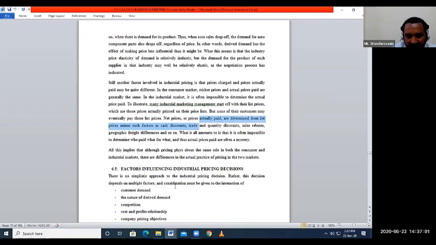So some of the factors we have to consider in setting an industrial product price is customer demand, the nature of industrial product demand. Let's say derived demand.